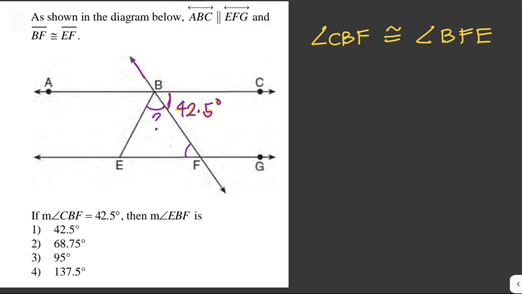So that means this is also equal to 42.5 degrees.